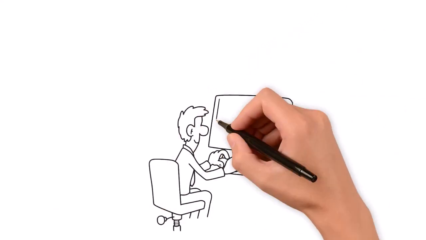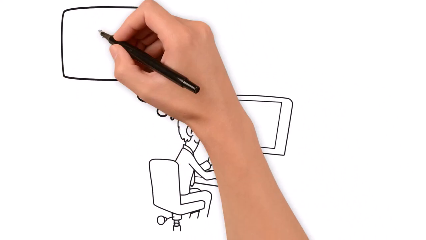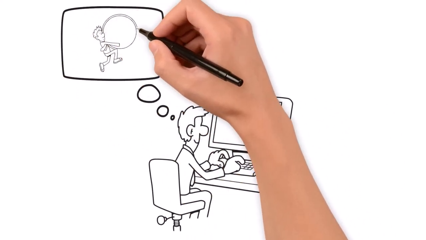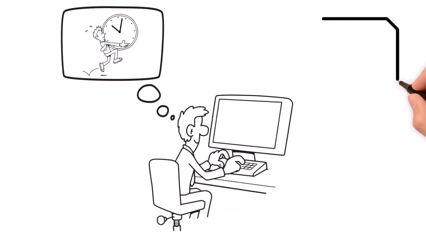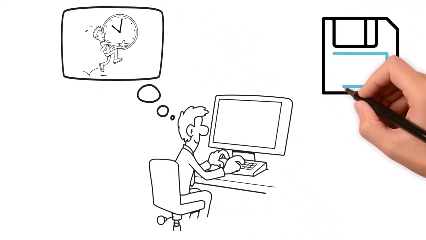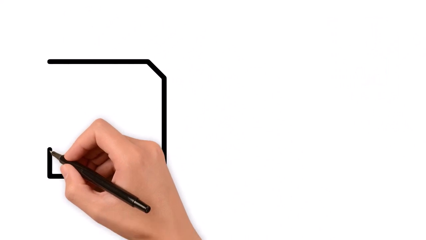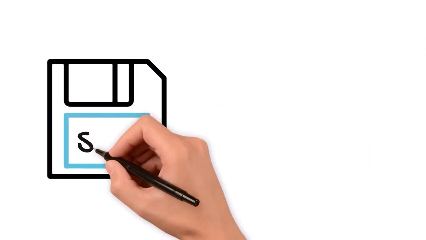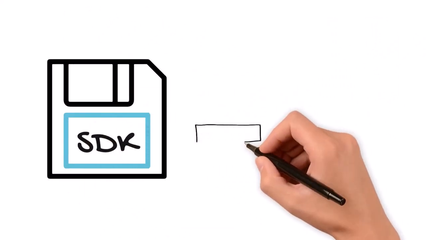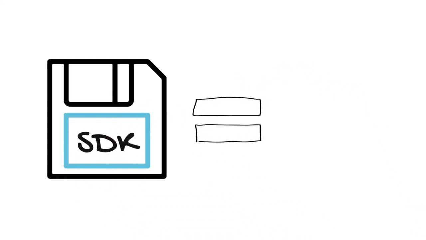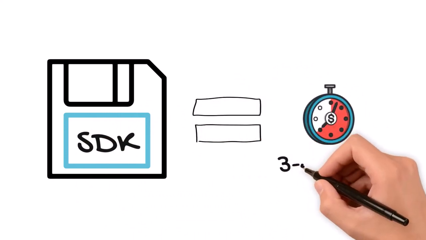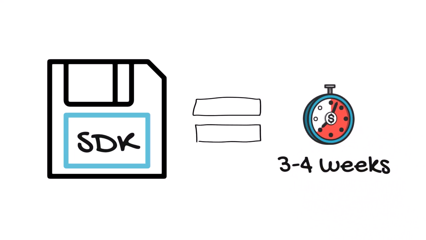As many PLC programmers would most likely tell you, programming a PLC is extremely time-consuming. Luckily, Graco has developed software development kits, otherwise known as SDKs, to save programmers precious development time. We've found that customers and integrators who utilize these SDKs save a significant amount of development time, in some cases up to 3 to 4 weeks.